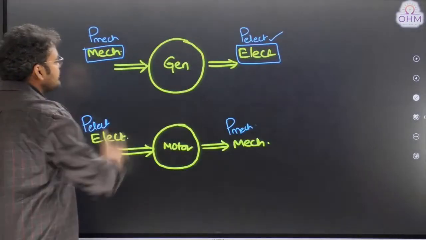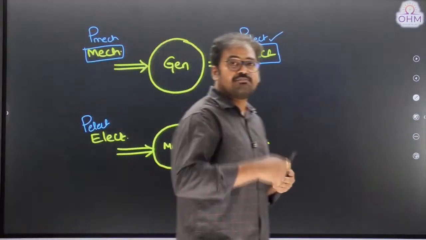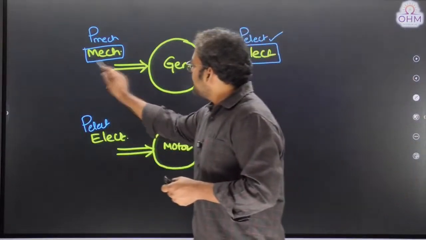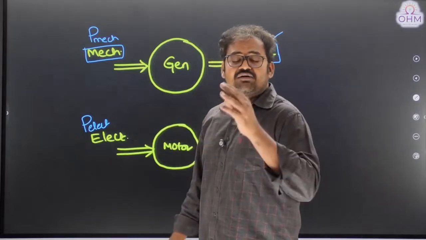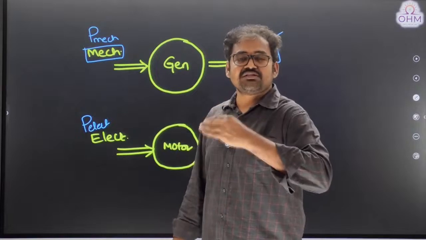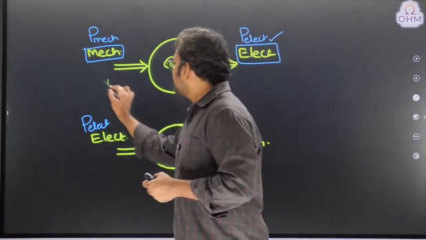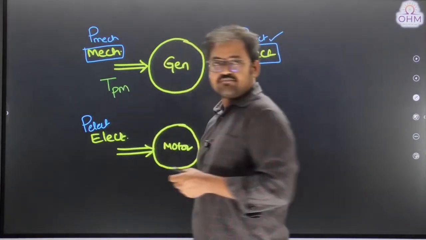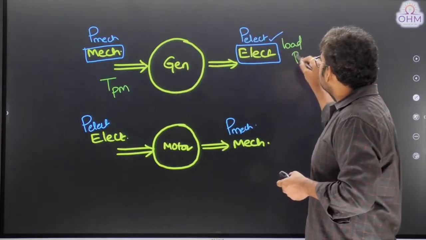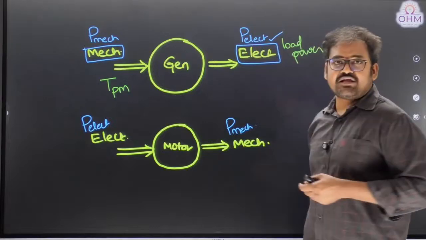Remember, in case of a generator, it will convert mechanical power to electrical power. Therefore, the input power is mechanical, and whatever torque is created by this mechanical power will support the rotation of the rotor. We call it prime mover torque. And what is the output or load? This is the load power, and the load power is electrical power.